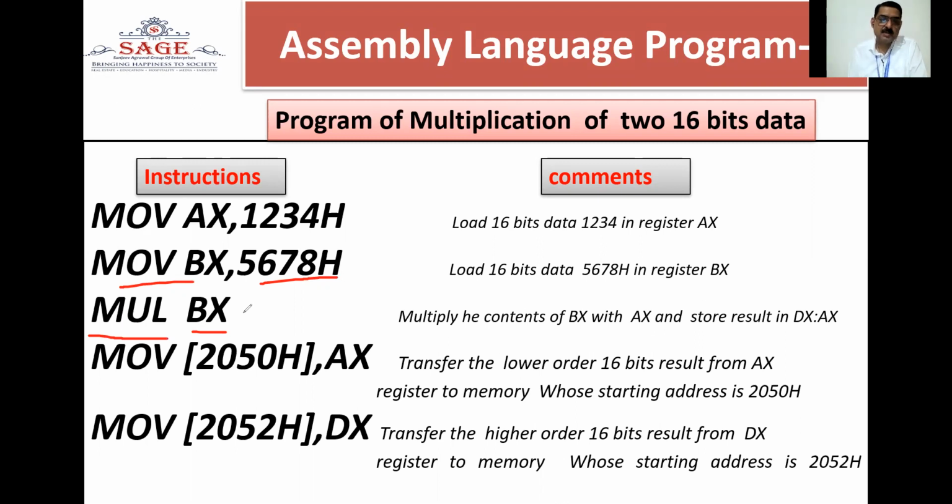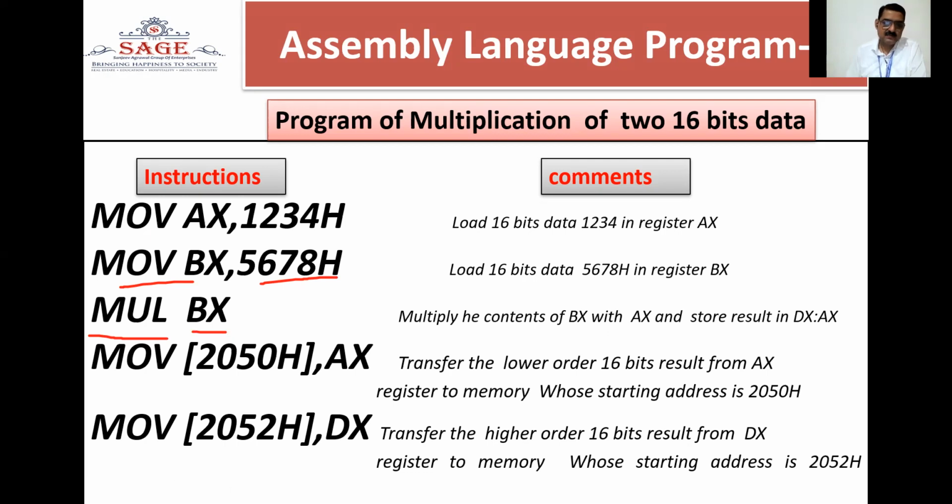It is a necessary condition that one data should be in AX, and the other 16-bit data can be stored in any general purpose register of the microprocessor like BX, CX, DX, etc. So one data is in AX and another is in BX, and we give MUL BX.